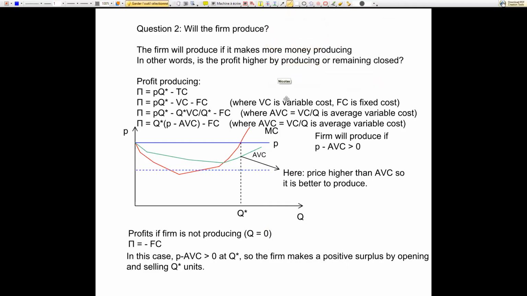Let's just see this is P1, and this is P2.